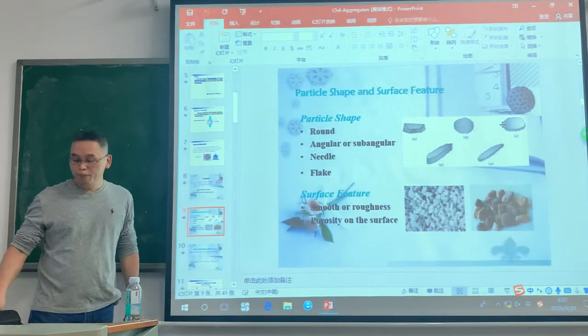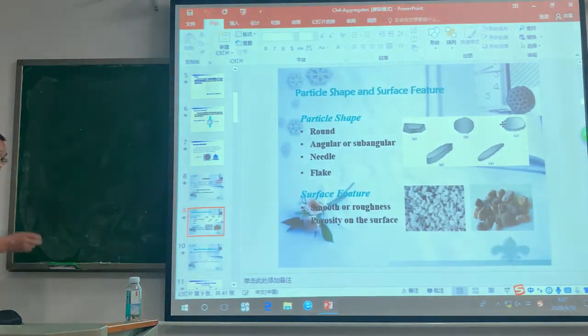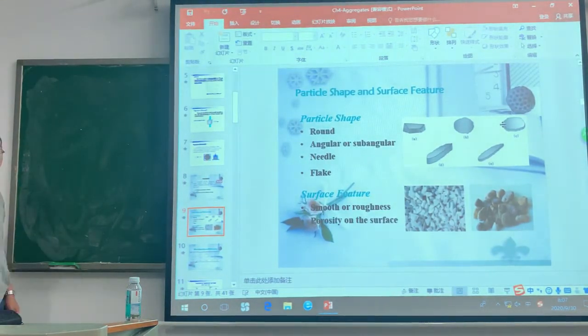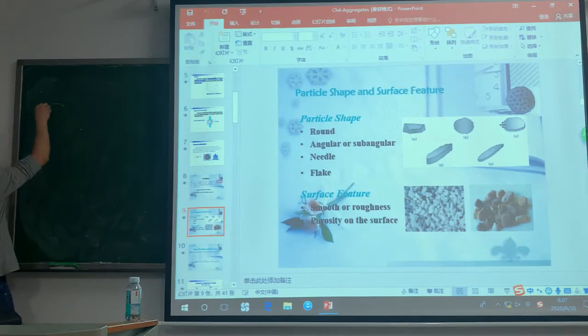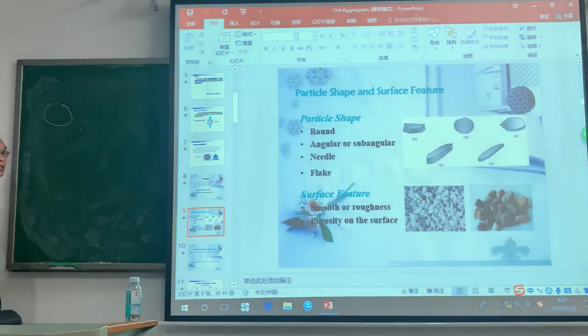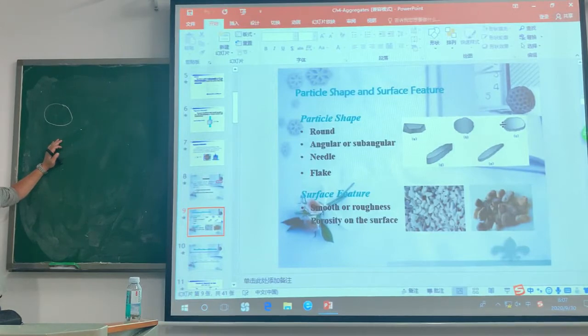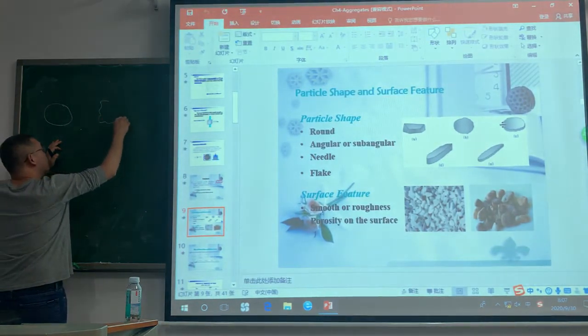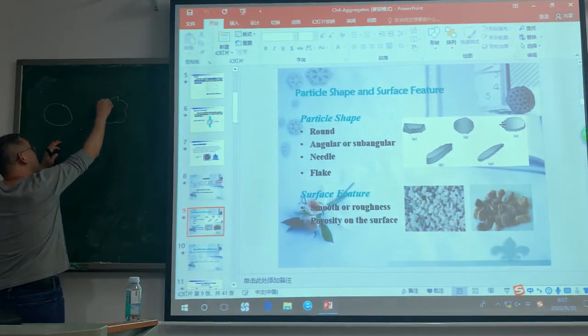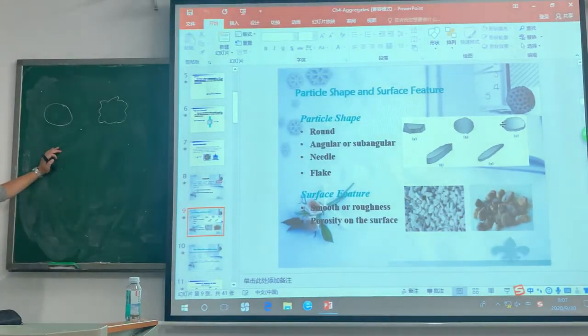So last time, there are kinds of aggregates. The first one is a natural aggregate, such as the pebble, and the second one is the crushed stone, a manufactured aggregate.